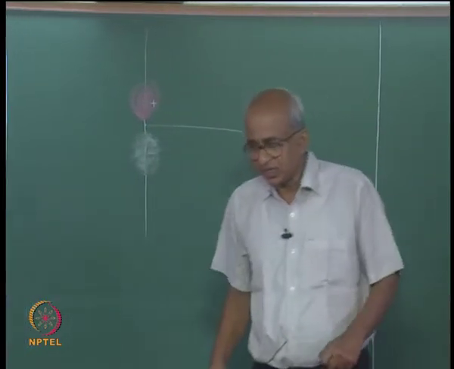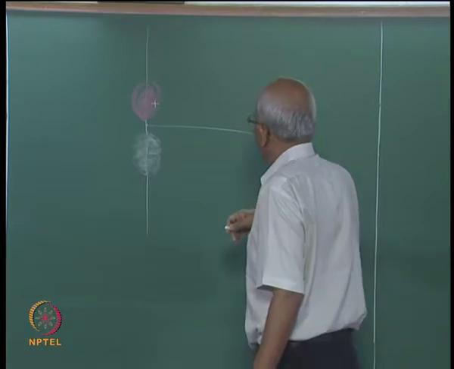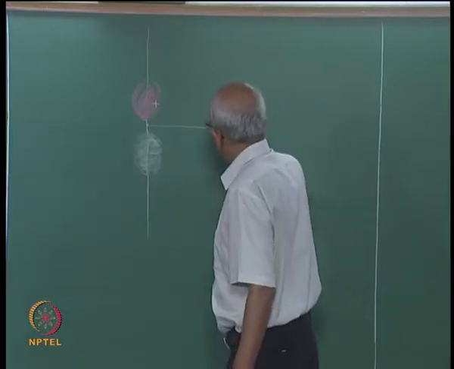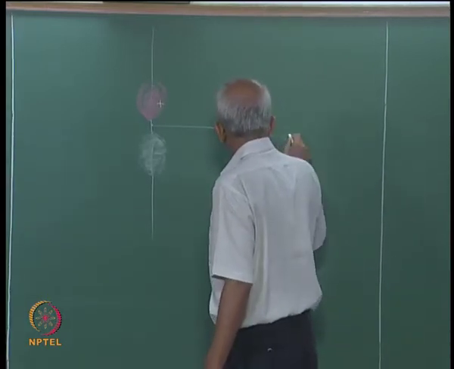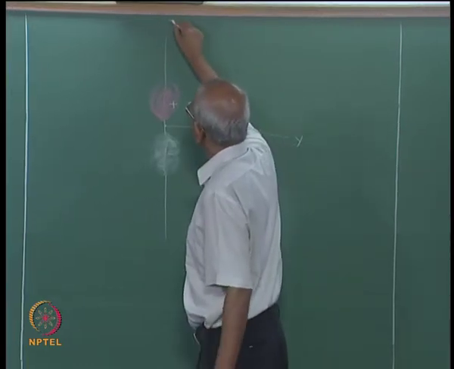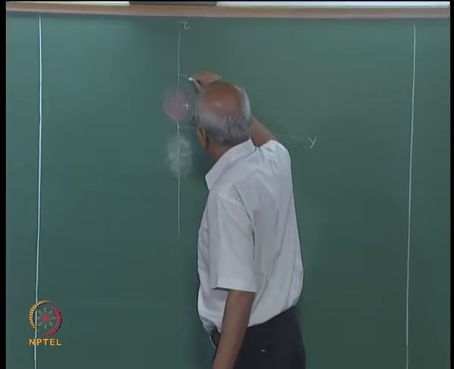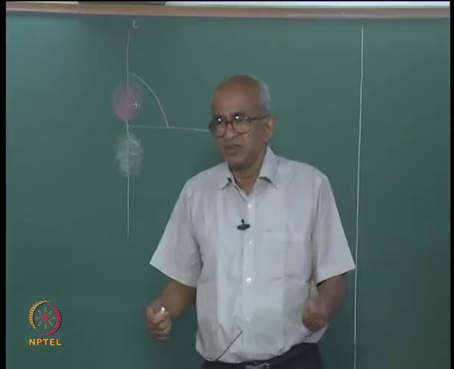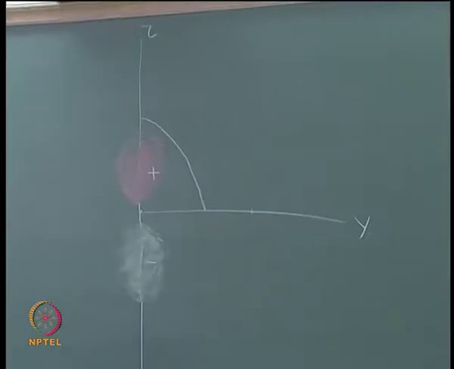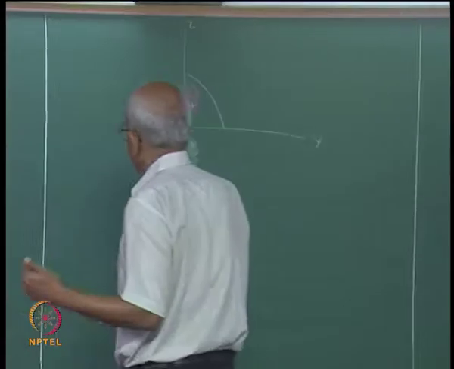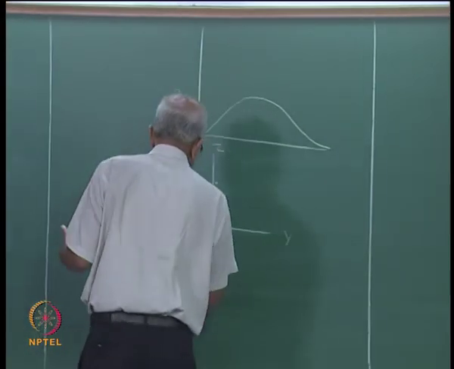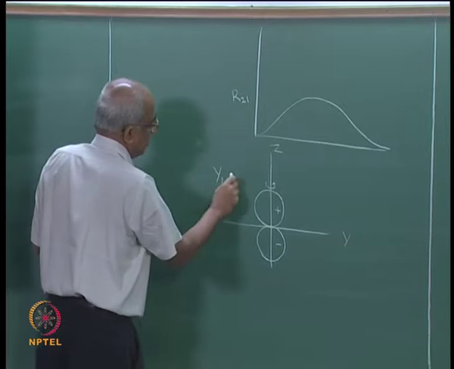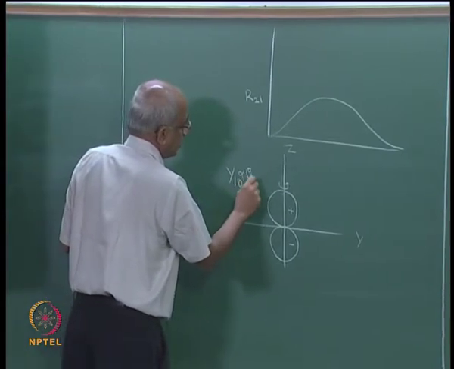And not only that, if you think of any point on the y axis, you would realize that for that point the angle theta actually is 90 degrees, and remember the angular part of the function was actually cos theta, Y10 is proportional to cos theta.